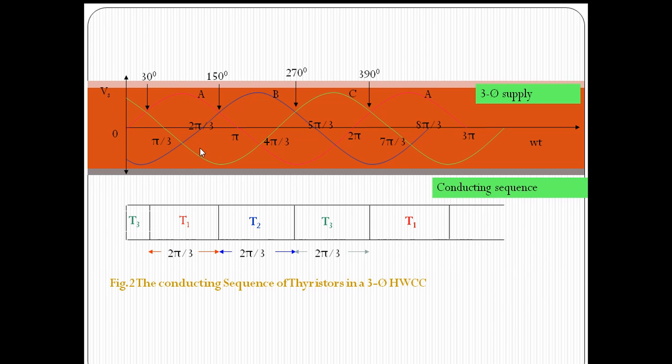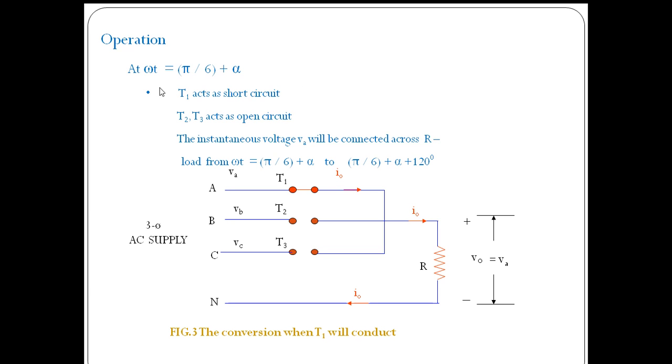From 0 to 30 degrees, phase C is more forward biased, so thyristor T3 will be in forward bias. So the sequence of conduction is T3, T1, T2, T3, T1. This is the conduction sequence of thyristors for the three-phase half-wave controlled converter in circuit operation. When omega t is equal to 5 pi by 6 plus alpha, T1 is acting as a short circuit.